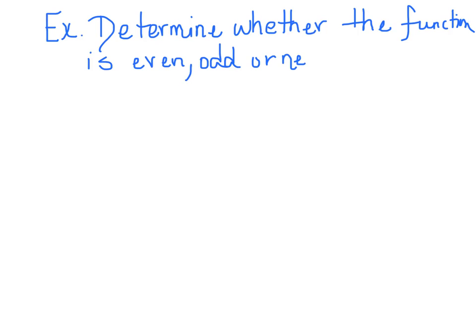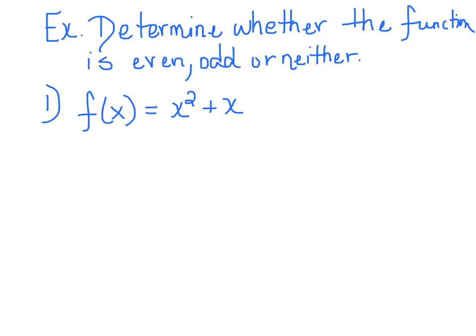So it could be neither. Let's first look at, say, f of x is equal to x squared plus x. We want to determine whether this function is even, odd, or neither.